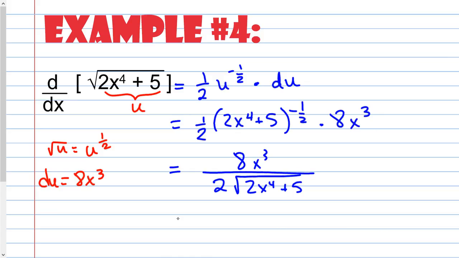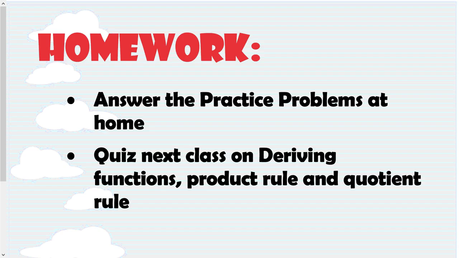And the only thing that I could see happening here is 8 divided by 2 is 4. 4x cubed over the square root of 2x to the 4th plus 5. And that's it. That is the chain rule.